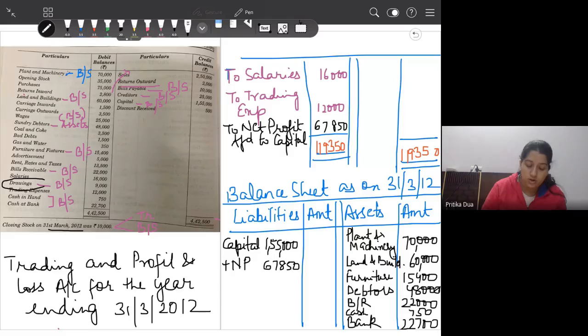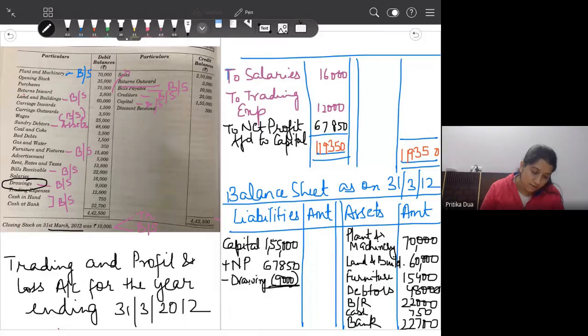Drawings, which I told you are deducted from the capital. So the amount is 9,000. So now you will get the final amount of capital in the balance sheet.